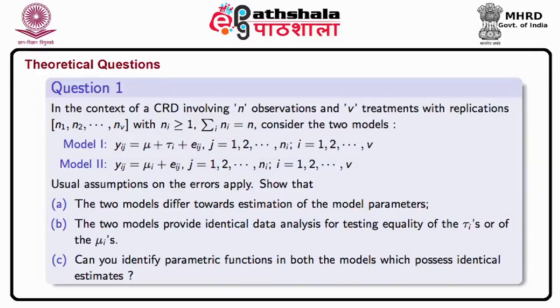The other model talks about Yij equal to mu i plus Eij. Usually when you write mu plus tau i, mu is the general mean, and tau i is the excess effect of the treatment on top of the general mean. That is the interpretation of tau i in model 1. And in model 2, mu i is the total effect of the treatment i. That is how the model parameters are interpreted, and these are the questions that you are supposed to take up.